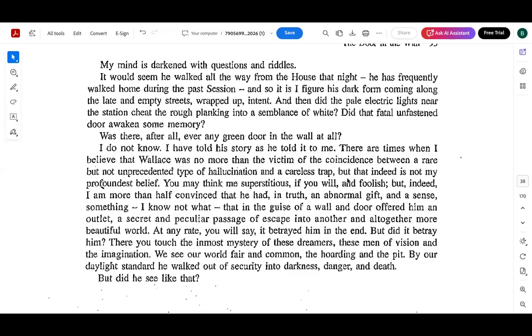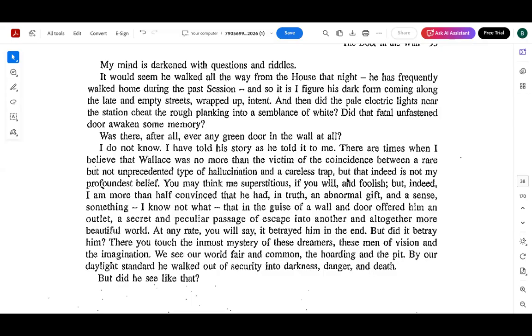Like in psychology, you might have read about schizophrenia, when a person fails to differentiate between inner thought and outer thought, and then he feels like inner thought is actually a foreign thought or maybe someone else's speech, and maybe that is the same case with Wallace. There was no door at all, but he had that unprecedented type of hallucination, and he became a trap of it. "But that indeed is not my profoundest belief."